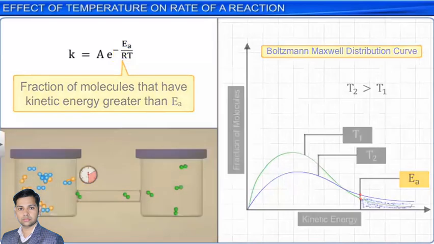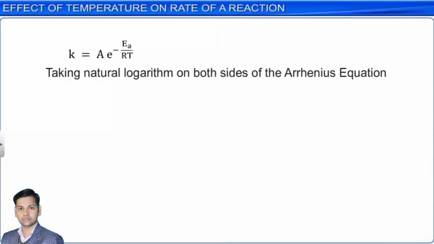Taking natural logarithm on both sides of the Arrhenius equation, we get log to the base e of K is equal to minus EA by RT plus log to the base e of A. Let this be equation 1.